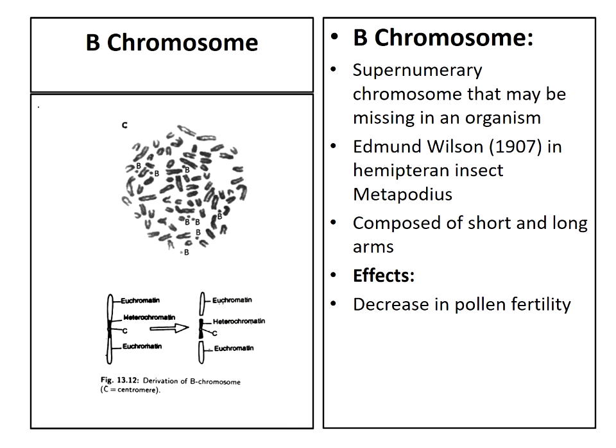And it is a small, usually heterochromatic chromosome. In the class regarding chromatin, you have learned about chromatin, euchromatin and heterochromatin. These B chromosomes are heterochromatic chromosomes, present in addition to the normal complement of chromosomes in some members of a species.